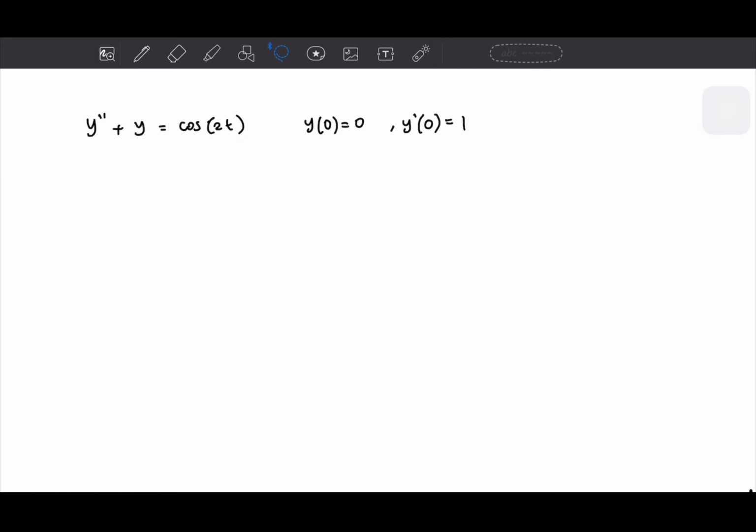Okay, so let me write, copy, and then take this to the left. So we take Laplace of both sides of the equation.